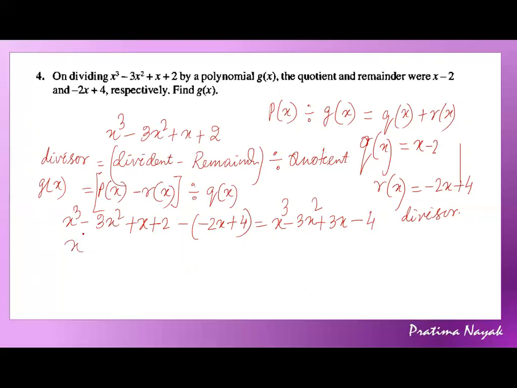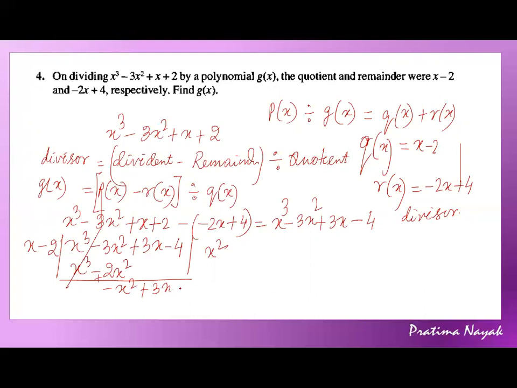Then I'll divide this with your quotient. What is the quotient? Quotient is x minus 2. So first I'll take x square, x cube minus 2x square, then subtraction, it will be minus x square plus 3x minus 4. Then I'll go for minus x square plus 2x.